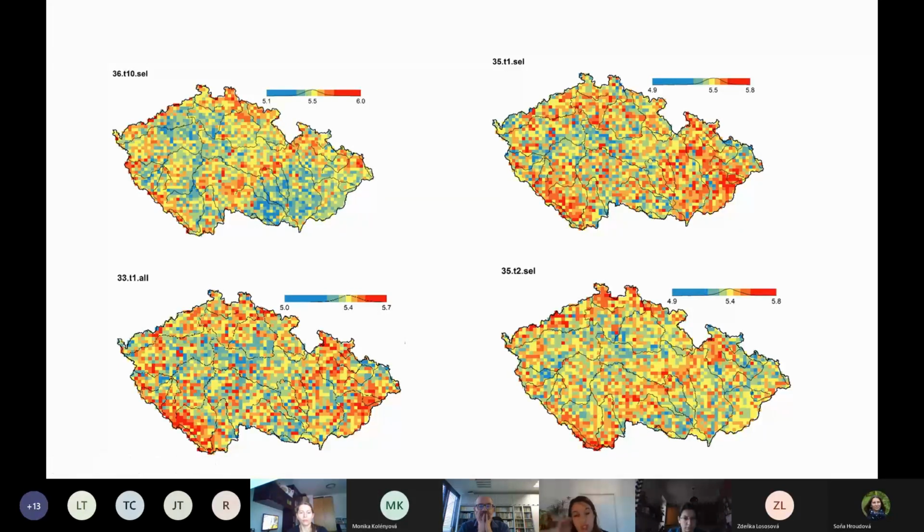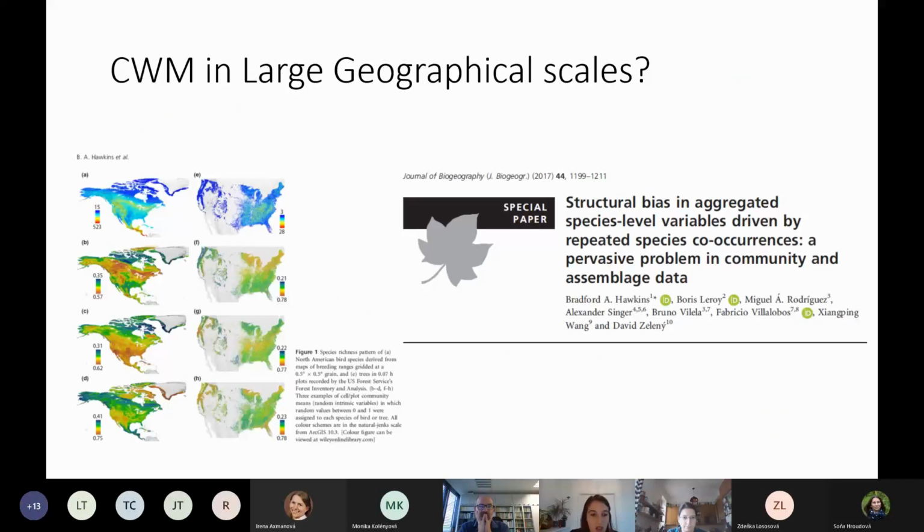This was an issue that David Zeleny presented to me when he was visiting our group in 2019, I think. And I got a bit scared because, wow, we work with community-weighted means, and somehow now it's shown to your eyes that your trends can be just given by the co-occurrences of species.